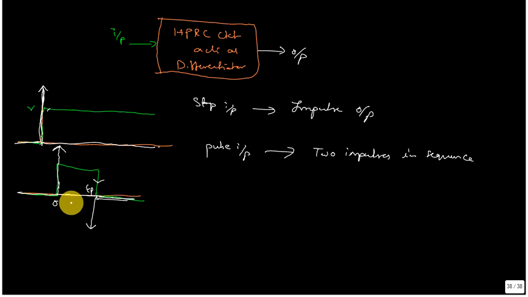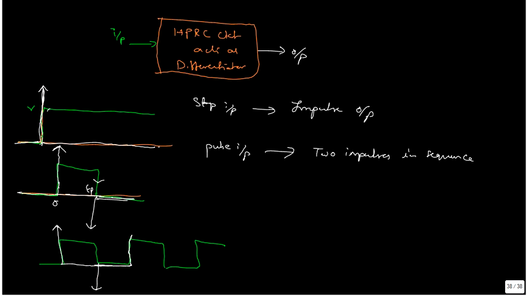Similarly, if you apply a square wave input, a square wave is nothing but a series of pulses. So you are going to get a positive impulse when the input is changing positively, and a negative impulse when the input is decreasing.